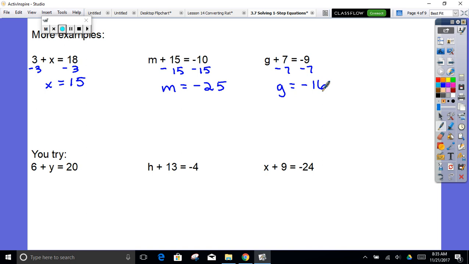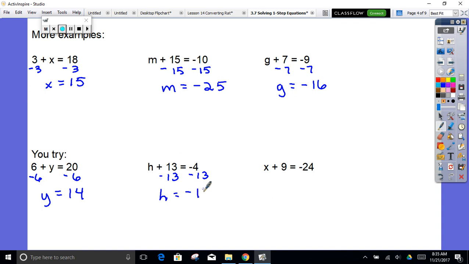Dakota, tell me what to do for the next one. Subtract 6 from 6 and 40. Okay? And I end up with? Y equals 14. Good. Y equals 14. Okay, next one, Riley. Minus 13. Okay, and what do I end up with? H equals negative 17.